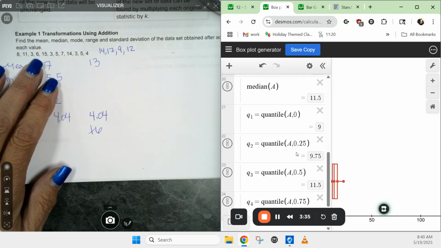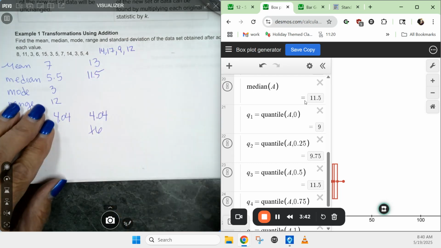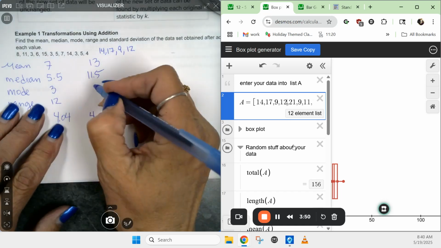The mean is 13. The median is 11.5. The mode on this would be 9.